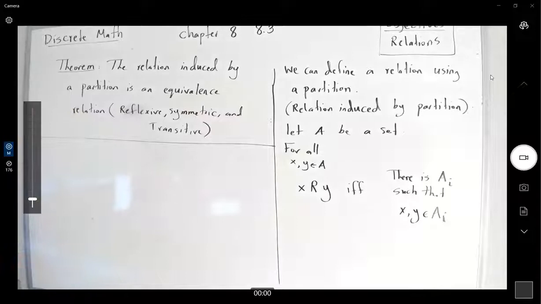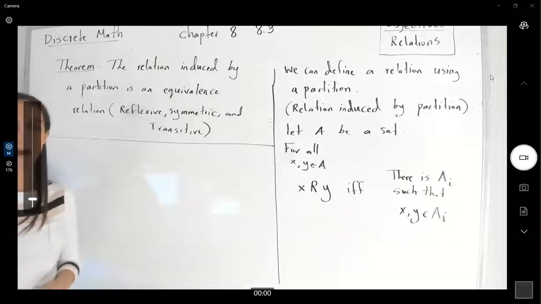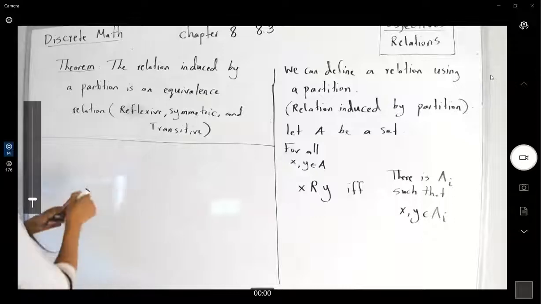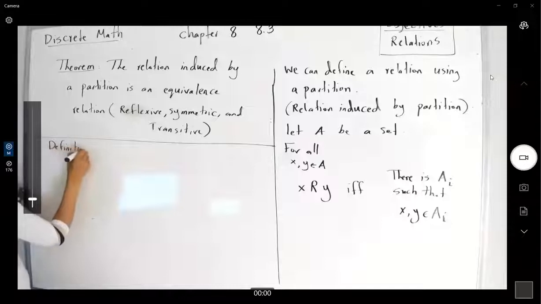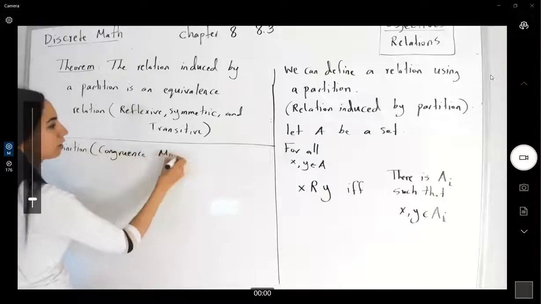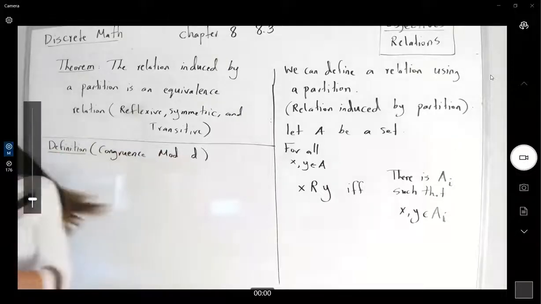Okay. So now let us talk about equivalence relation, like M being congruent to N modulo a number like D. I've seen this before, but the official name is the definition of congruence mod D. Very well.